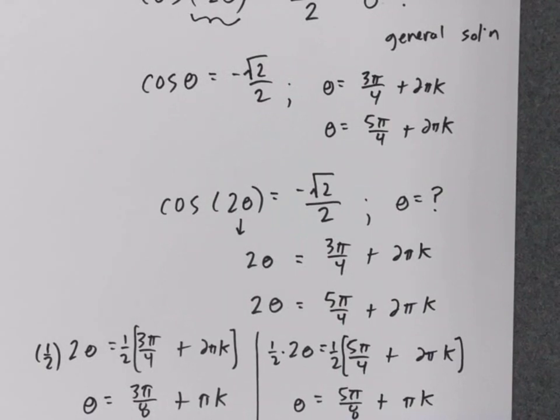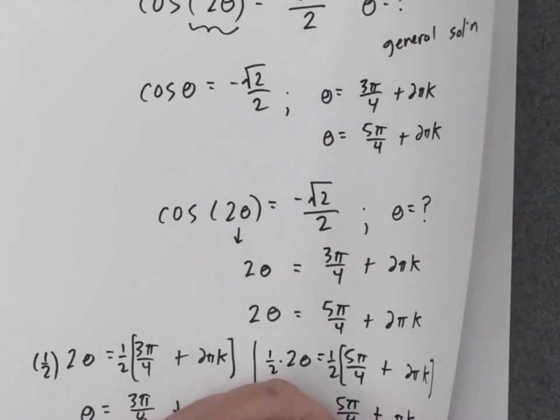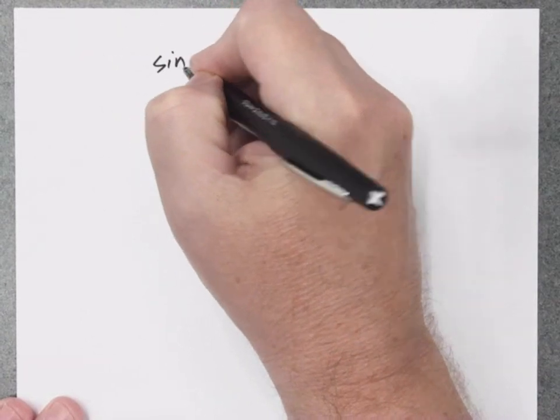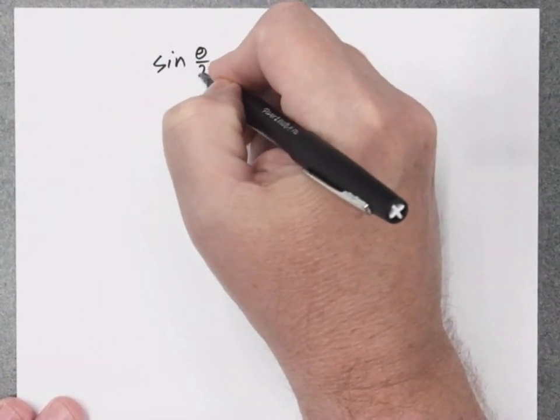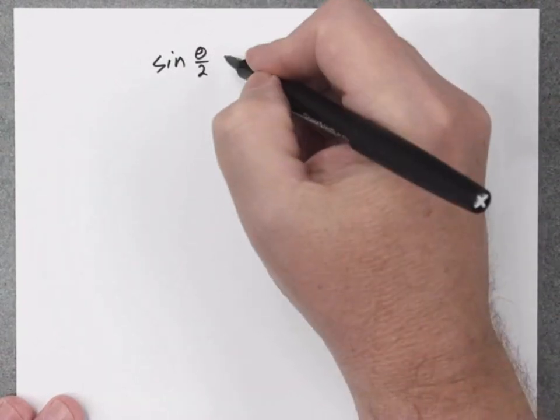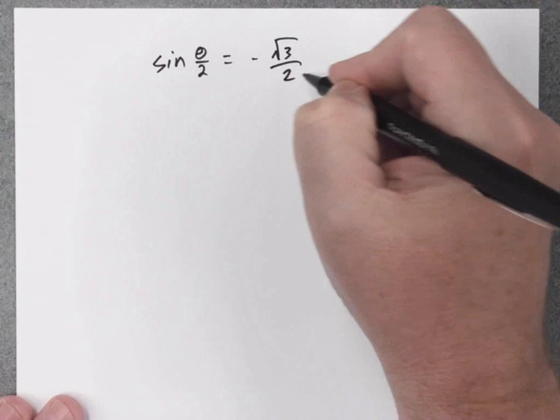So let's look at another problem. For this one, I may not finish it, but I'll do the initial setup because that's the new thing that we're learning. So this one is sine of theta over 2 equals negative square root of 3 over 2.